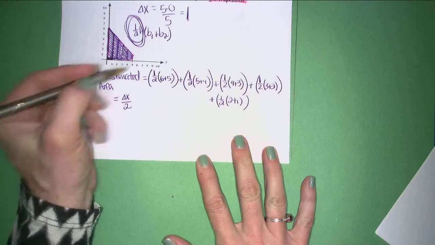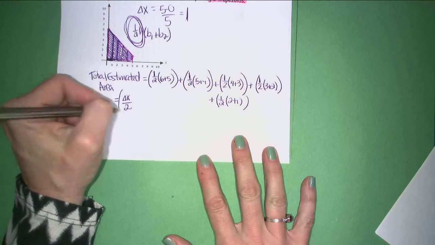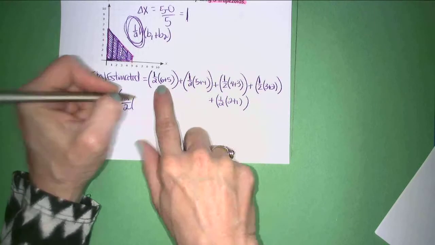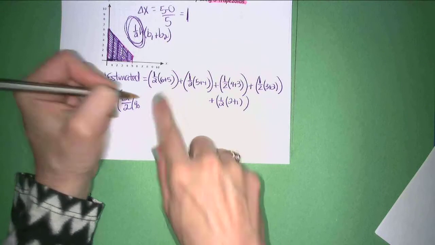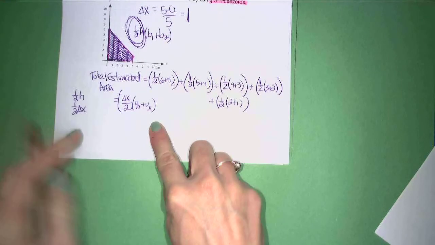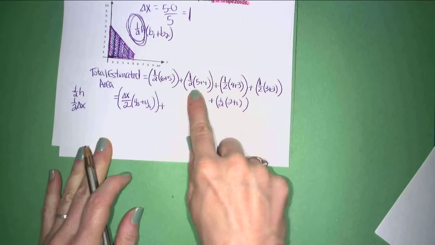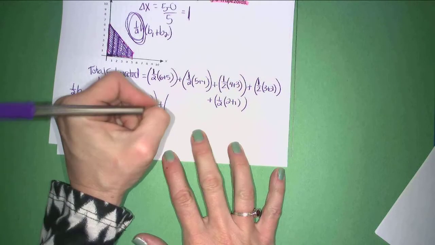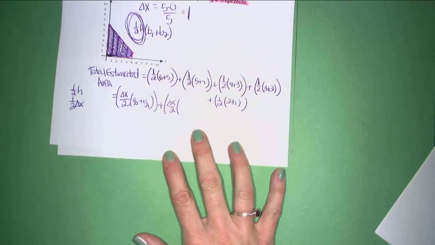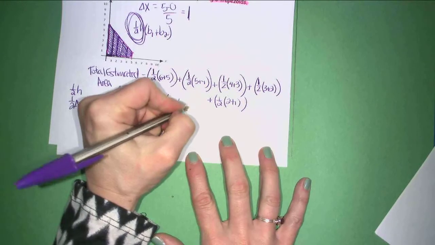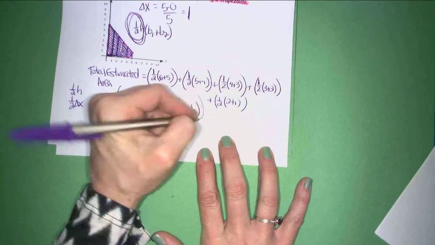Okay, so delta x over 2 times 6 is my y sub 0, 5 is my y sub 1. Okay, plus my next one. It's another delta x over 2, and now it's y sub 1 plus y sub 2. And I'm just going to keep this going.